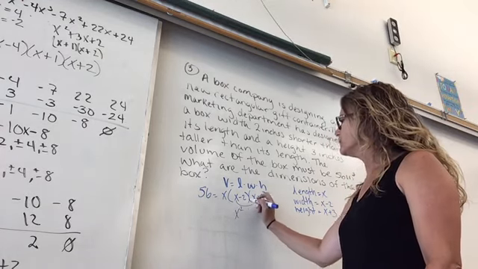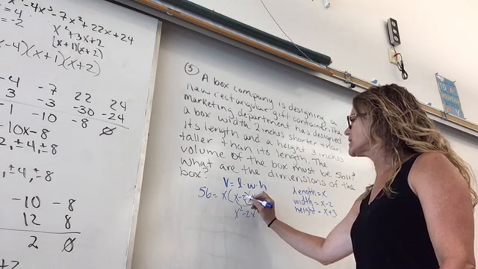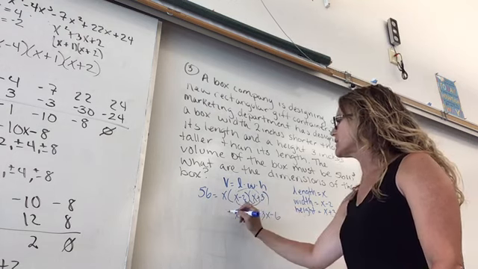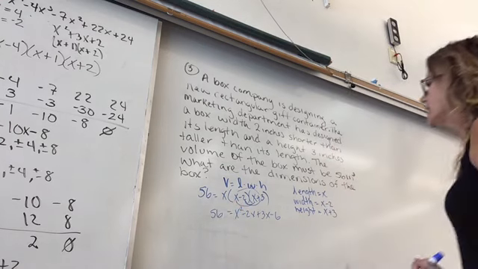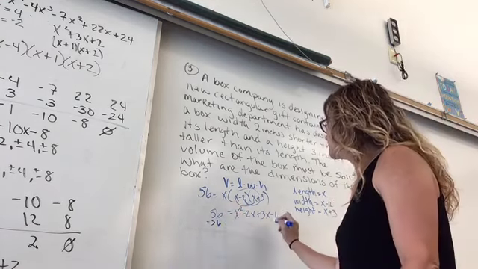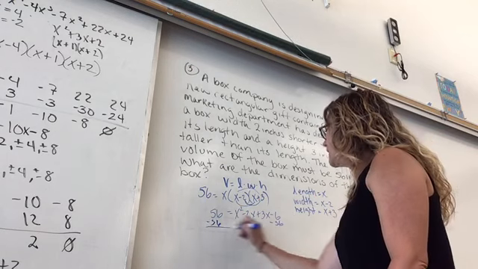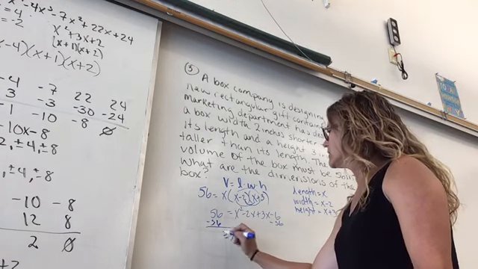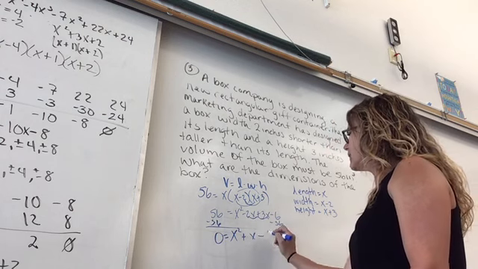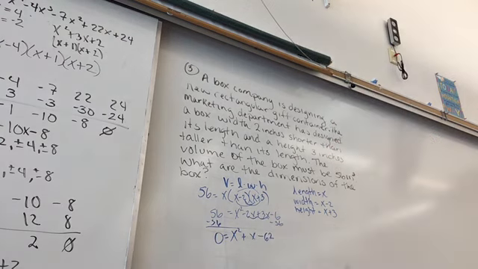That's x squared minus 2x plus 3x minus 6 equals 56. We're going to simplify things. We're going to set it equal to 0. And I get x squared, plus x, combining my like terms, and minus 62.